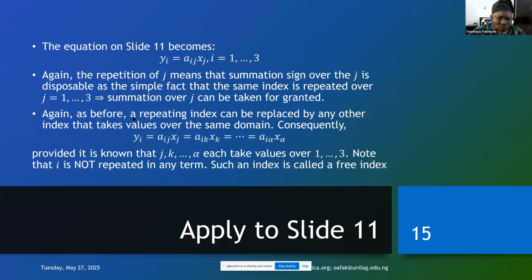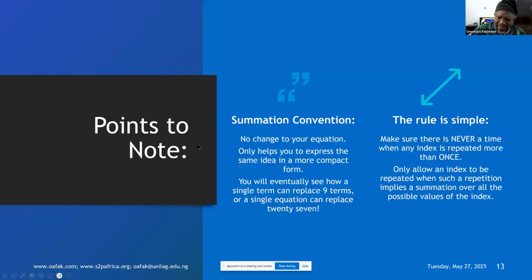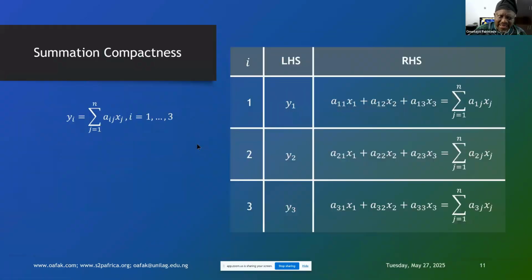Similarly, if we go to the equation on slide 11, where we wrote yi is equal to the sum, let us go back to slide 11 and see it there. In slide 11, we had this summation compactness where we're summing over j, yi is equal to aij xj. You look at this, you see that in this case we are summing over the j's.